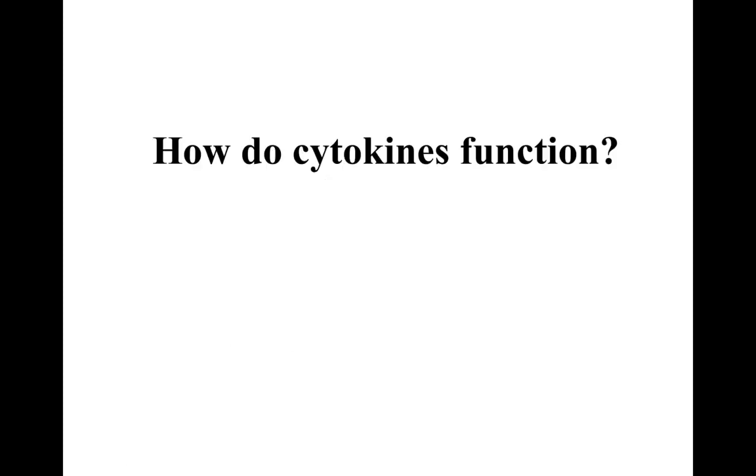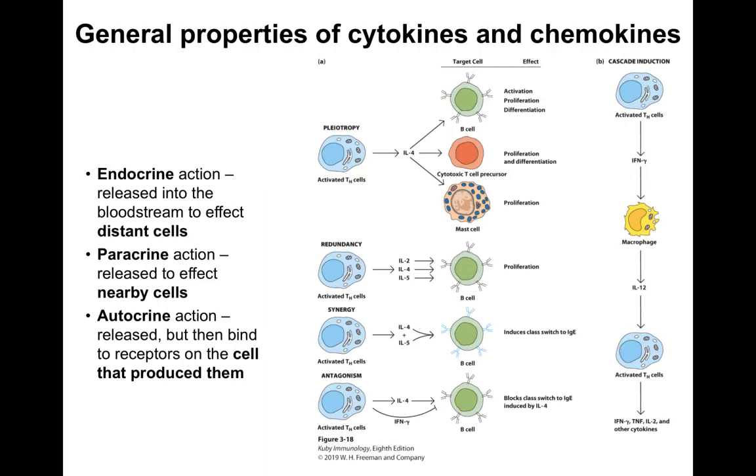So how do the cytokines function? They can act on the same cell that made it, in an autocrine action, or on a cell nearby, a paracrine action, or on a cell that's far away, in an endocrine fashion.